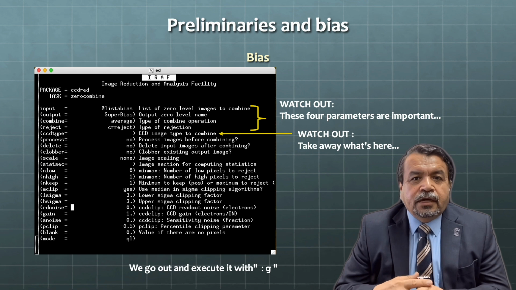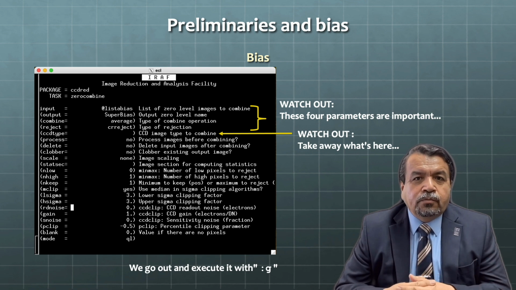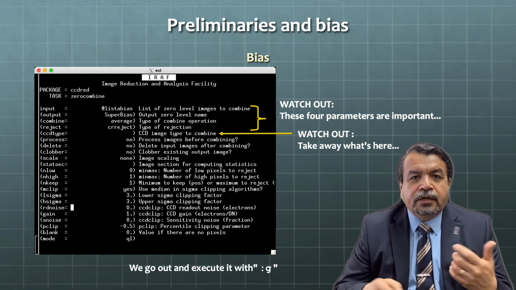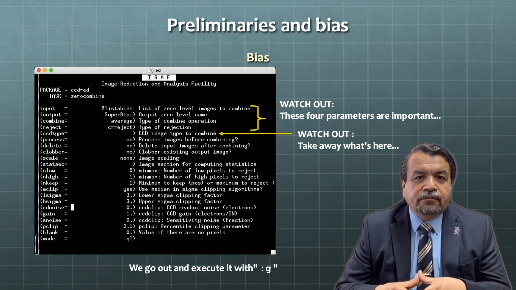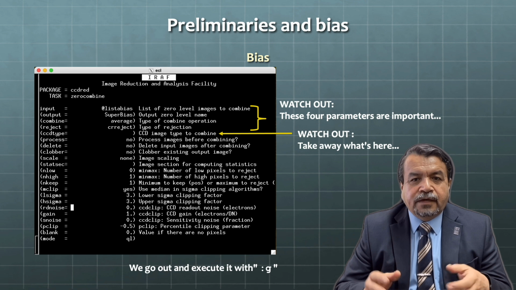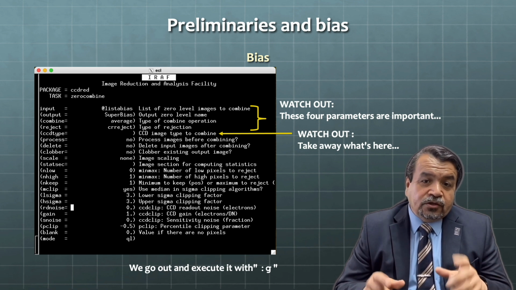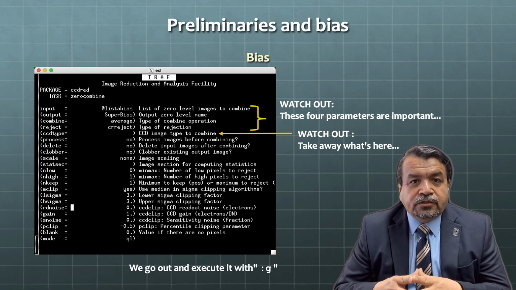Another factor to take into consideration is the type of combination, which would be an average, potentially utilizing the cosmic ray rejection mode, the CR reject, to instruct it that if it detects something with a very high value, then it should not include it in the calculation process.